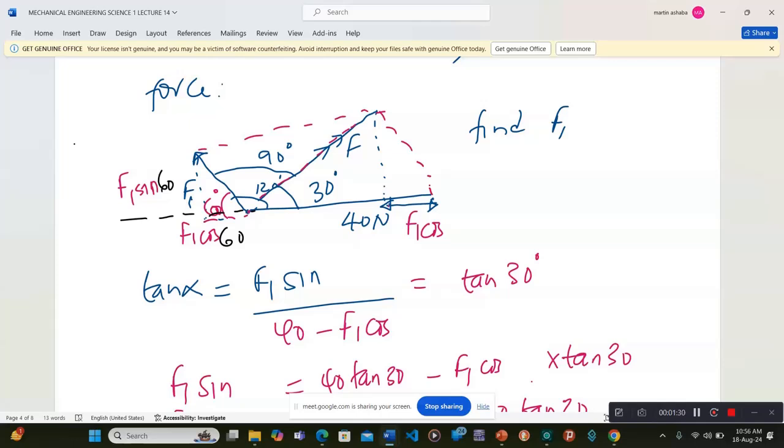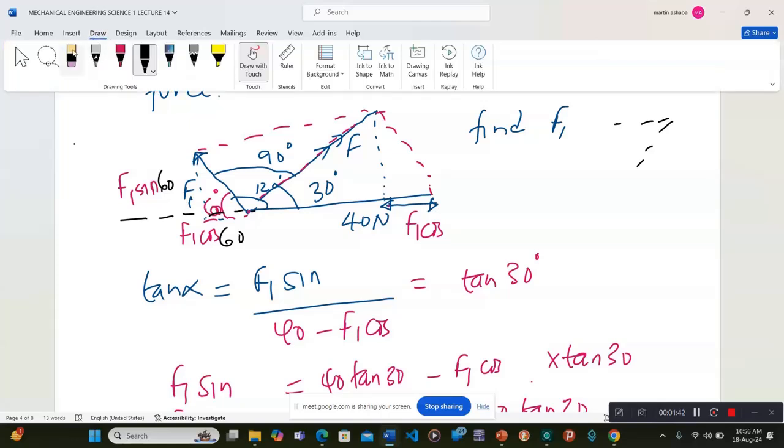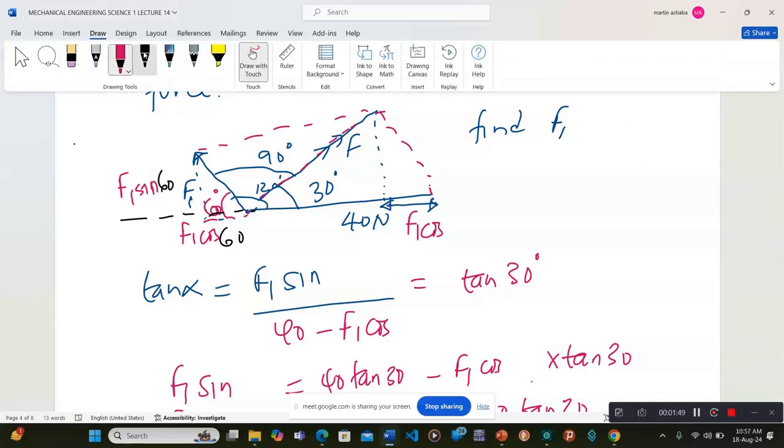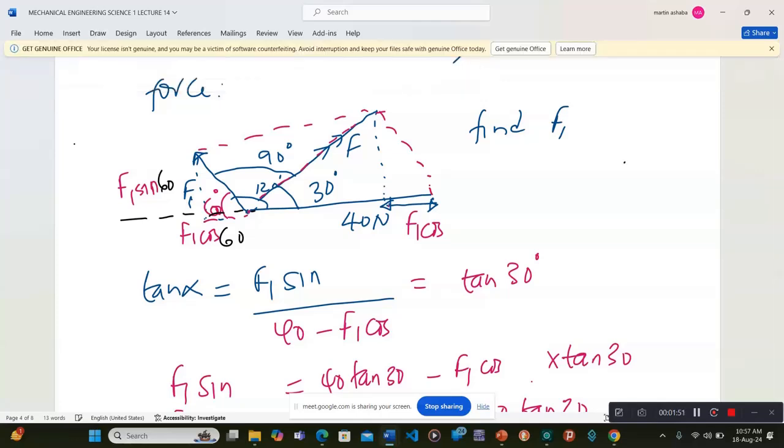So basically, what we put here is the same as what we would put here, because the parallelogram is like this. Let me draw it the way it is here. Our parallelogram is like this.